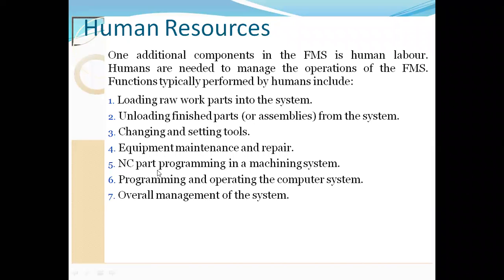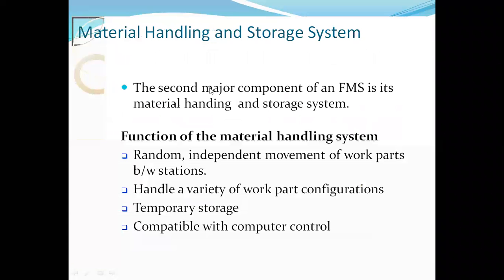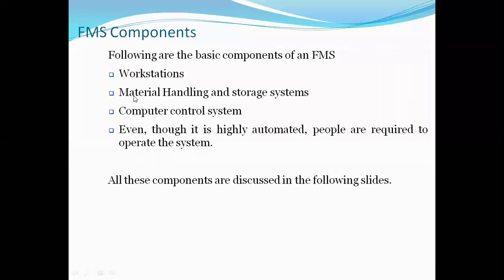If there is a CNC machine, then the program writing will be done by the human. And for the overall management of the system, to monitor whether the entire control system is working properly or not, the human interface will be there. These are the different components. Which are the four components? Workstation, material handling and storage, computer control, and human resources.